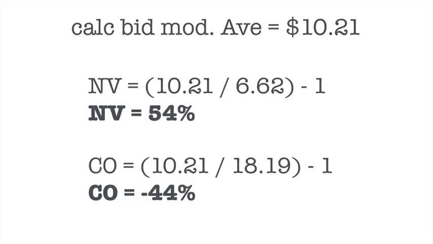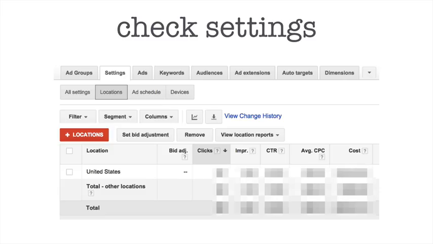Now to apply these bid mods, I have to go into my campaign settings. I go to my locations tab in there, and I find that I can't actually do them because this campaign was set to bid across the whole of the US, and I don't have bids for individual states yet. So the first thing I need to do is go and edit the locations.